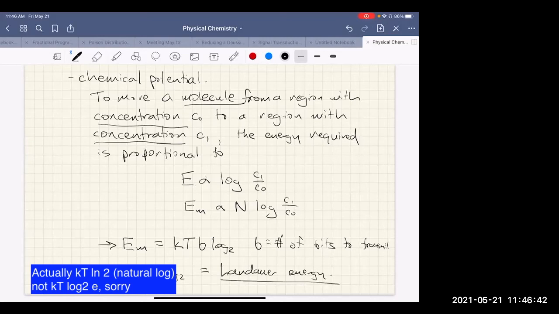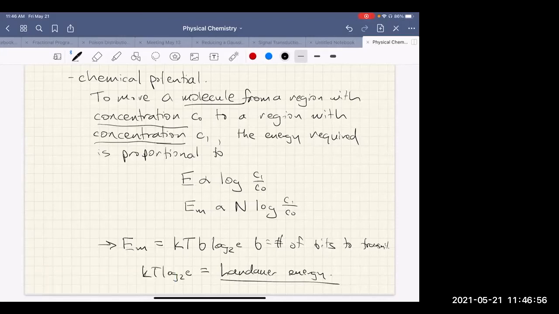So one bit worth of an information bearing signal must have at least kT log 2 of energy. That's the theoretical minimum amount of energy required for any information processing system per bit. So this is really small.